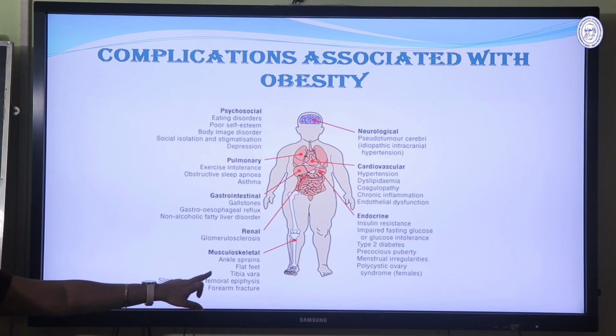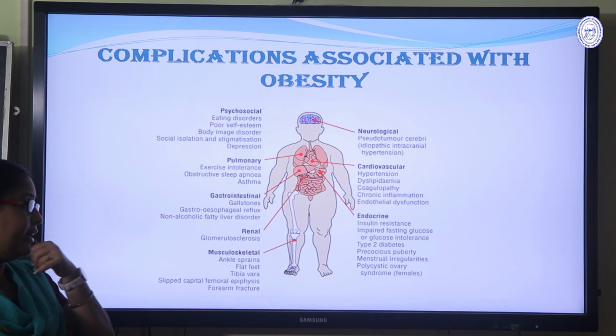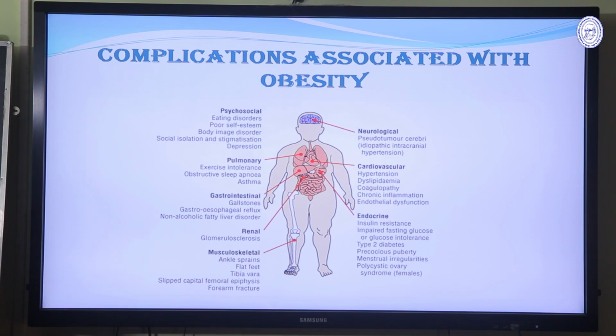Musculoskeletal system is affected, and flat feet and joint pain are common. Glomerulosclerosis is very common, which is under the excretory system. Gastrointestinal problems may be there: fat infiltration in the abdomen, gallbladder stone, poor gastroesophageal reflux, non-alcoholic fatty liver injury. Those are very common with grade 2 or grade 3 obesity.